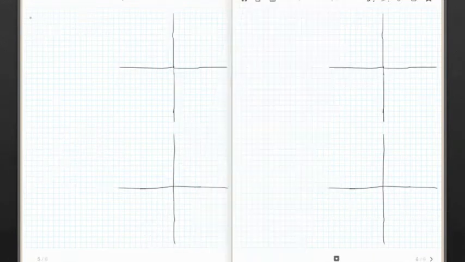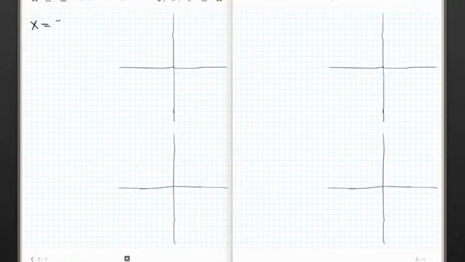Same thing with our vertical line. x equals 9. Where is x equals 9? x equals 9 over here. So we see anywhere on this line, x equals 9. This is (9, 0), (9, 1), (9, 2), (9, 3). x is always 9.